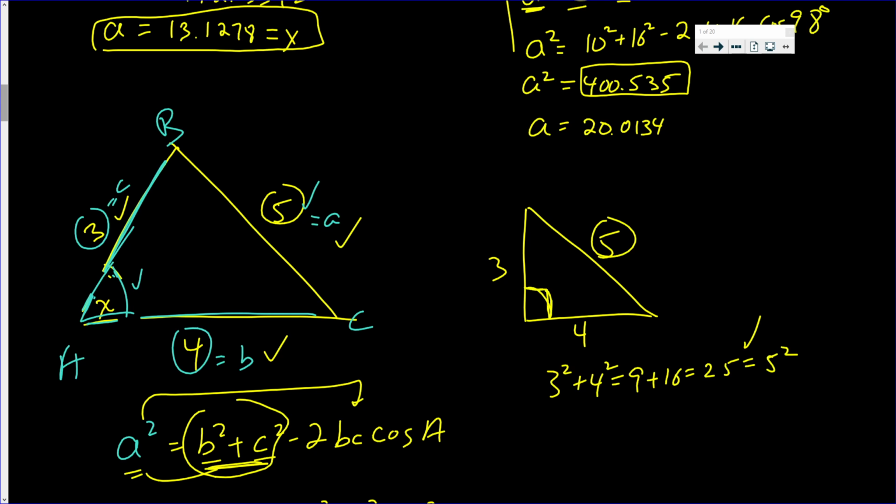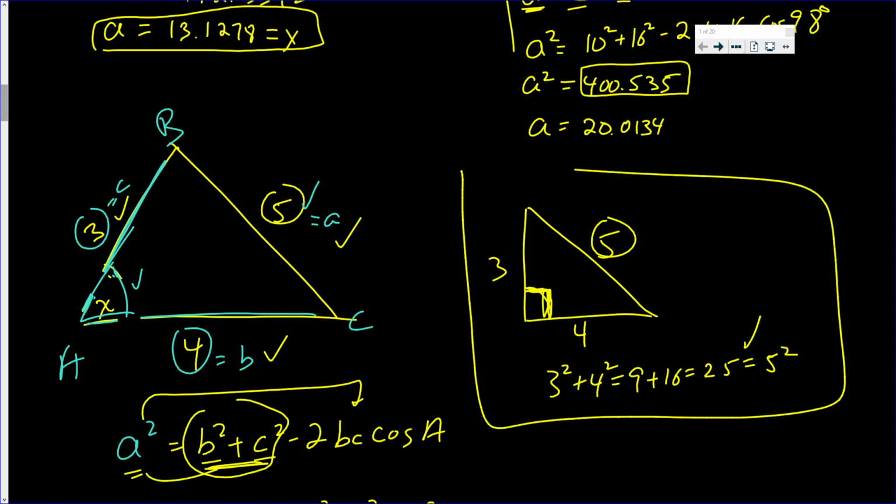So, right off the bat, we know this is 90 degrees because it's a Pythagorean triple. 3 squared plus 4 squared equals 5 squared. There's no way that the angle opposite the 5 can be anything but a right angle.